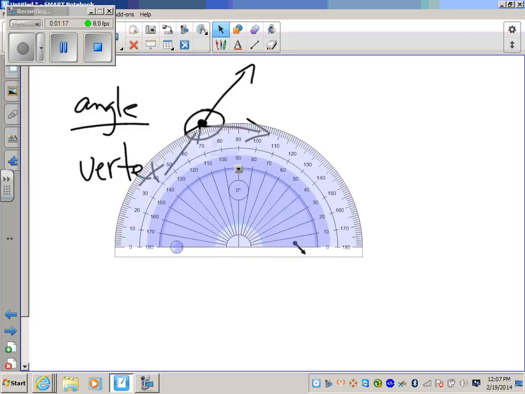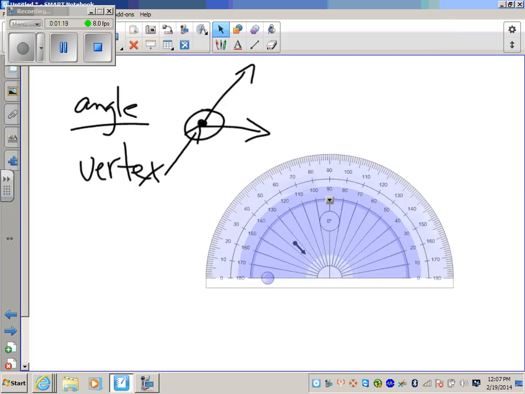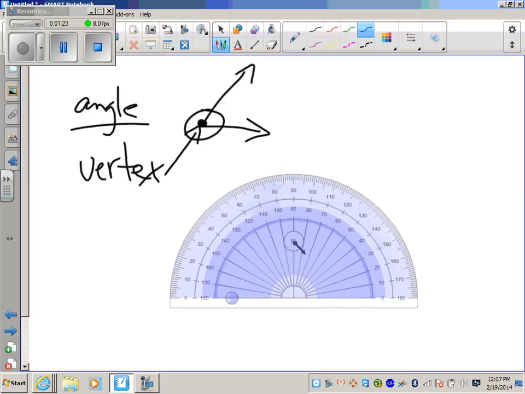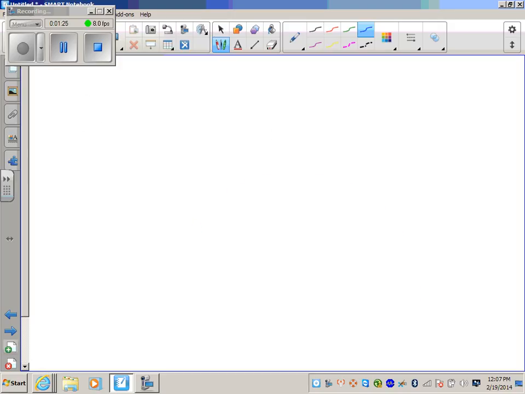If I know that a right angle looks very similar to what letter in the alphabet? L. And that measures 90 degrees.